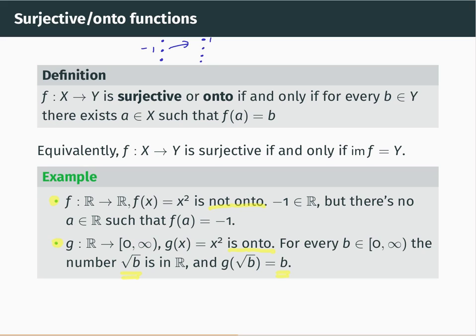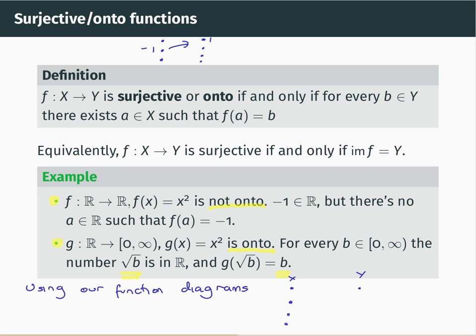So let's think about a diagrammatic interpretation for this concept of surjectivity, or concept of being onto. In diagrammatic terms, we drew the domain and we called it x.